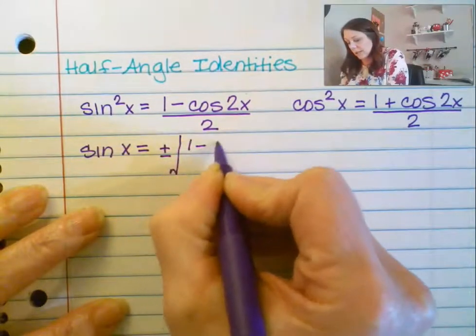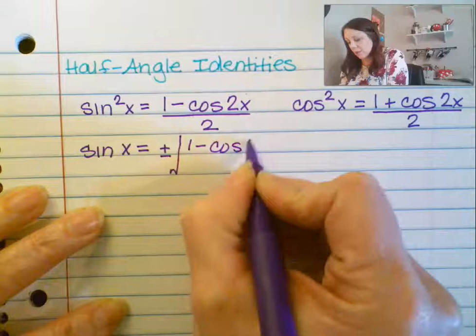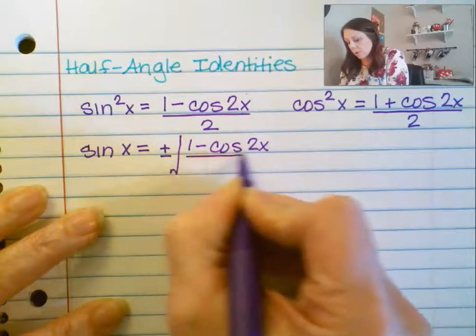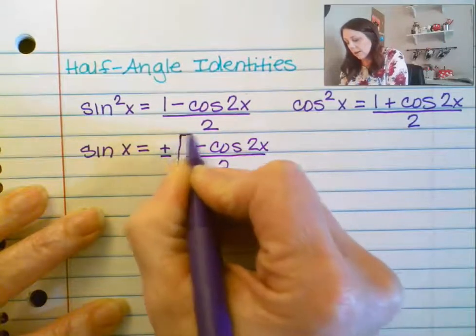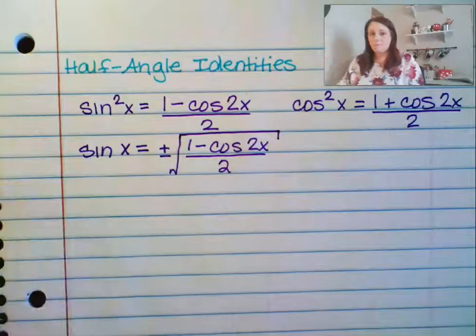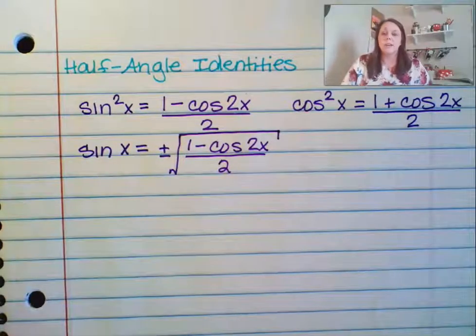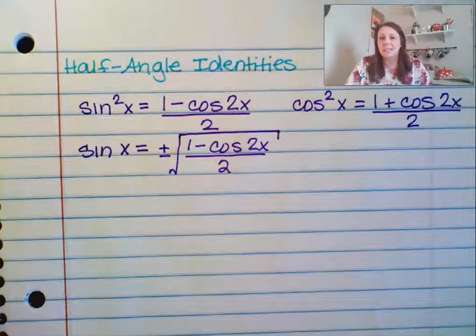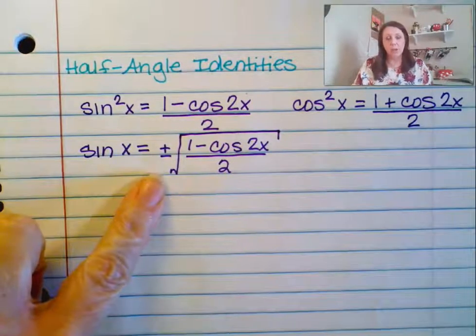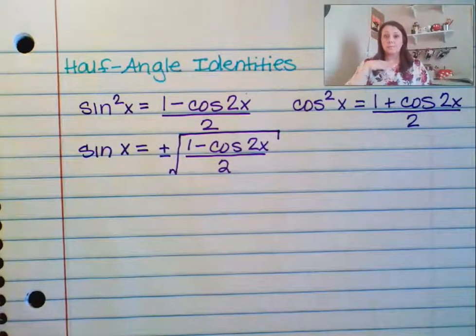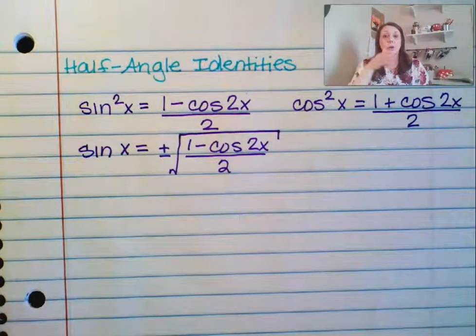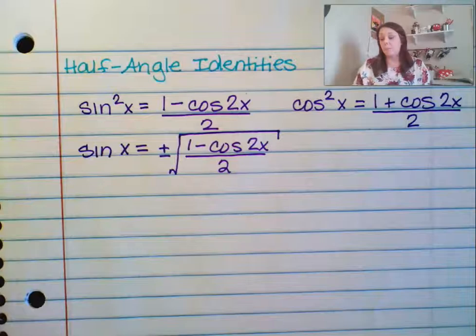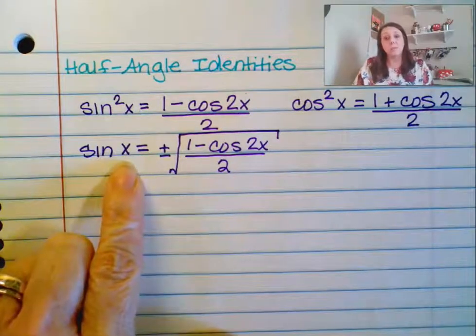And this quantity doesn't simplify inside that square root, so we're just going to leave it there as the radicand. Now, it's important to clarify that this plus or minus doesn't mean that the sine of x has two values. Rather, it is saying that the sine of x is either positive or it's negative. And you have to determine which one's appropriate based on the angle measure that x possesses.